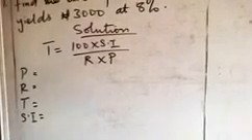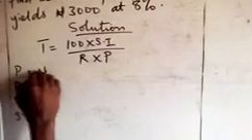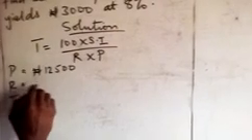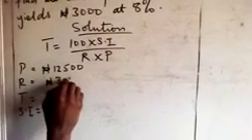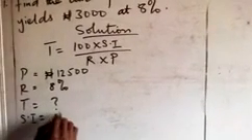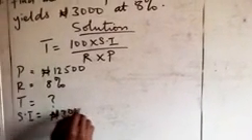Our principal here is 12,500 naira. Okay, and the rate is 8%. The time, that's what we are looking for. Our simple interest here is 3,000 naira. Good. So we apply this now.